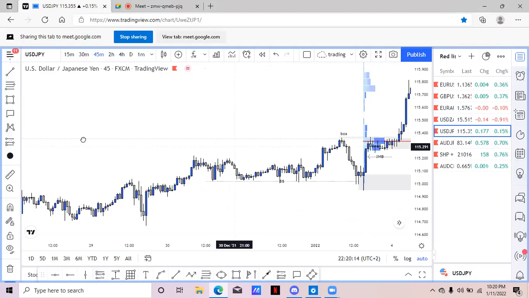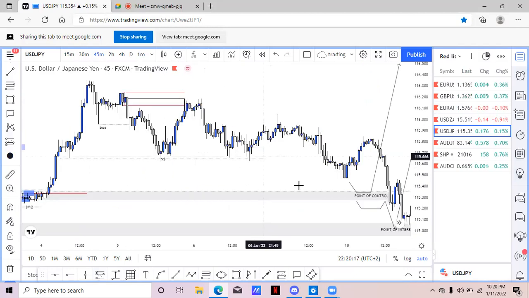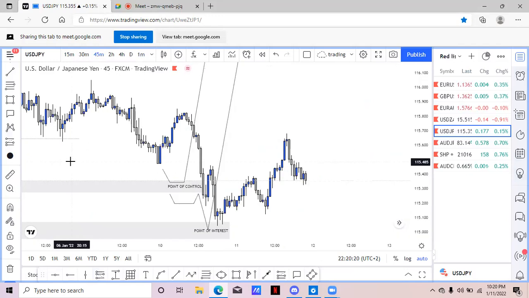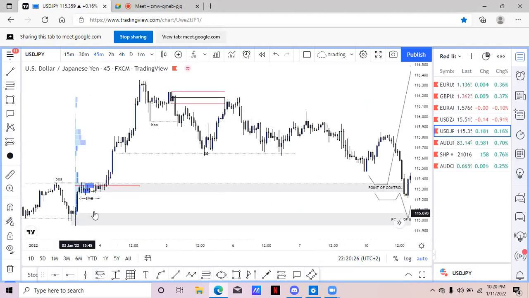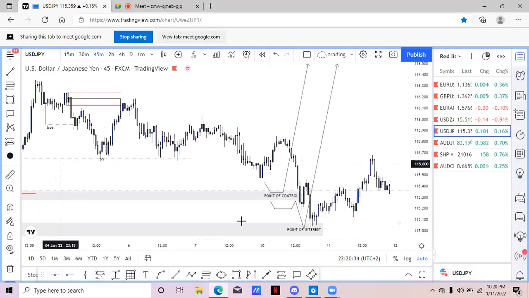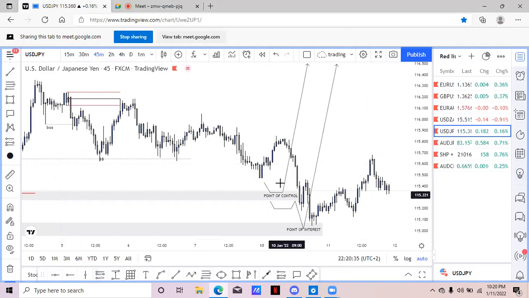Price violated the point of control and then held on the point of interest, which is the same doji you were talking about on the previous one. Yeah, that's what happened. The point of control didn't really hold price, but the point of interest held price.